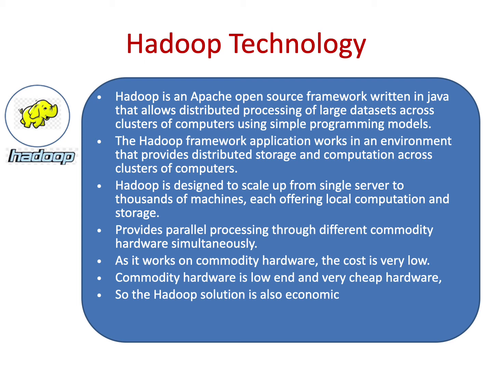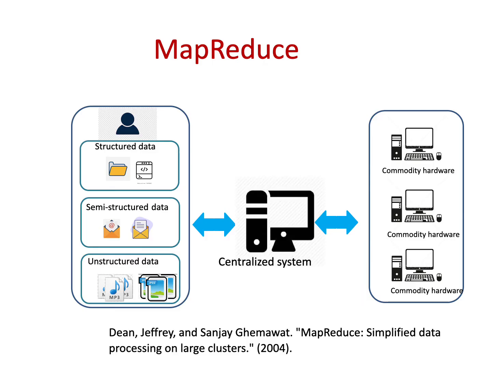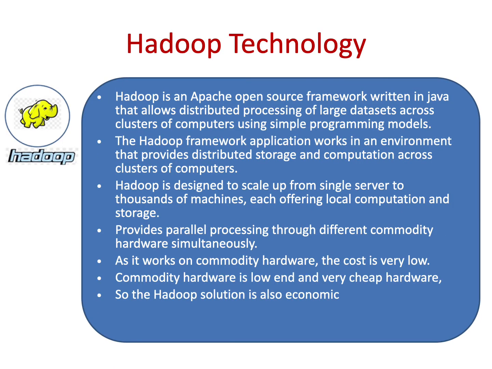Hadoop technology provides parallel processing across different commodity hardware simultaneously, as we saw in the previous slide on MapReduce. Commodity hardware is nothing but low-end and very cheap hardware.